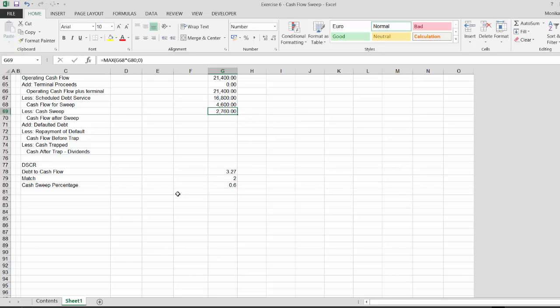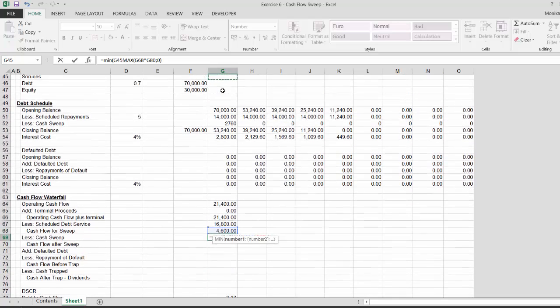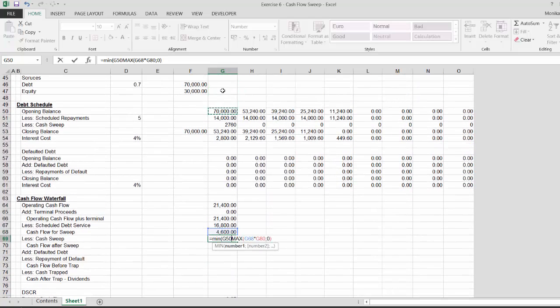And finally, we would never make a cash flow sweep unless we have enough debt. We don't have to sweep the cash flow if we have no debt left. So you take the opening debt balance minus the amount you've already repaid just in the line above for the debt service, and then you're okay.